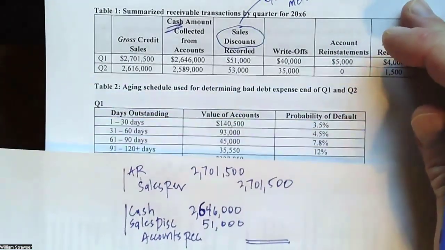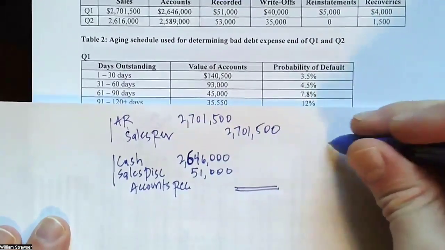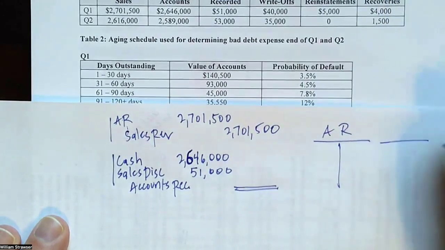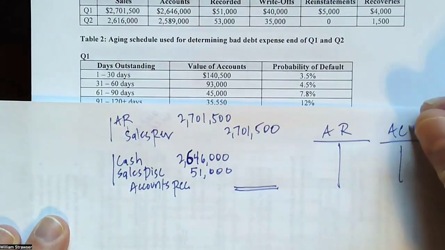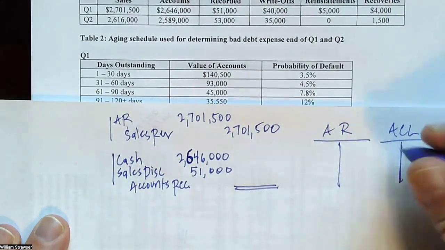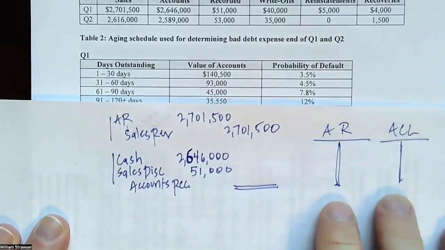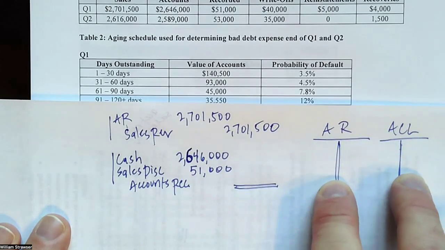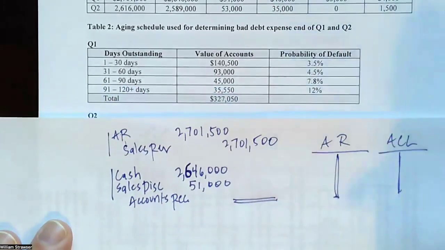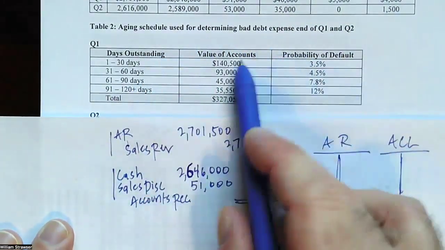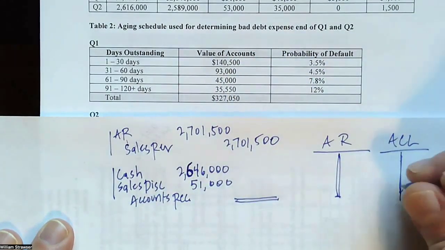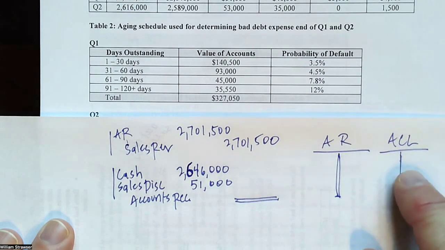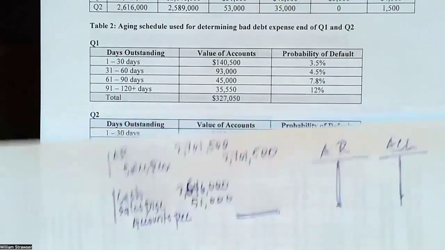What this exercise is going to kind of force you into is making T accounts for accounts receivable and your allowance for credit loss, and then walking them forward to their unadjusted balances, using those unadjusted balances by way of the aging schedule to get your desired ending balance for ACL and then adjust for bad debt expense.